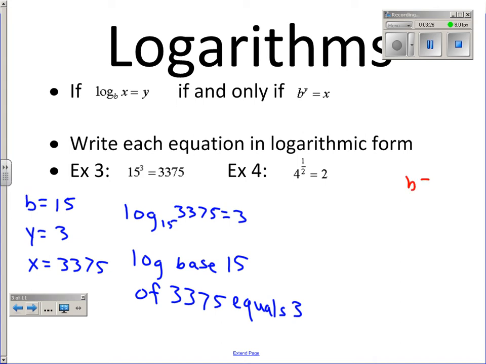Our base, our b, is 4. Our y is 1/2. And our x is 2. So we're going to say log base 4 of 2 equals 1/2.